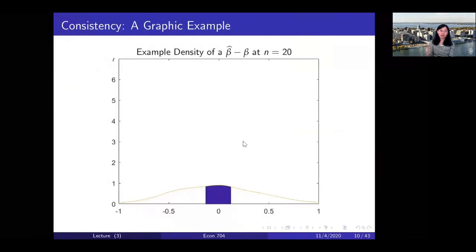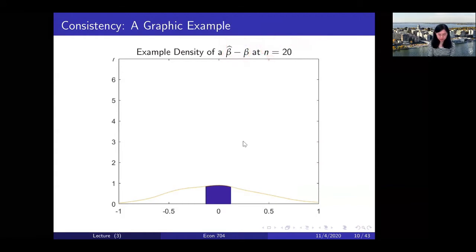So graphically, we can demonstrate how an estimator converges in probability to a parameter. Now, in this graph, we are plotting the probability density function of this estimation error. So this estimation error goes to 0 in probability as n goes to infinity, and we can check different n's and see how it happens, right?